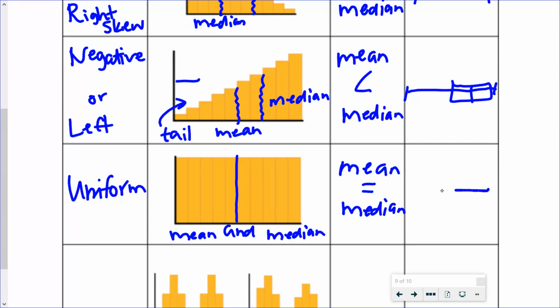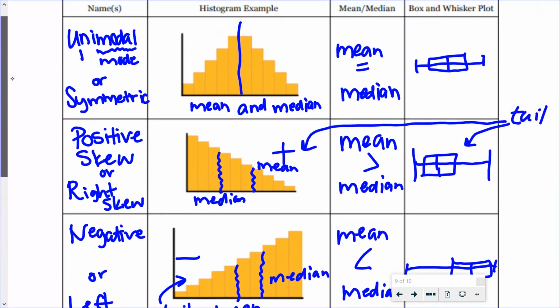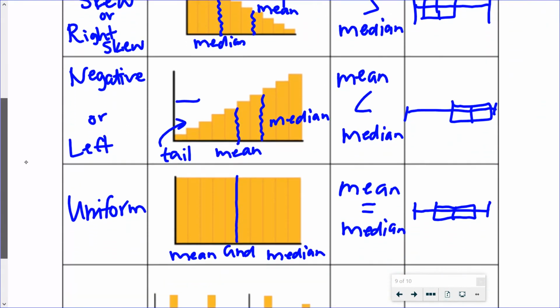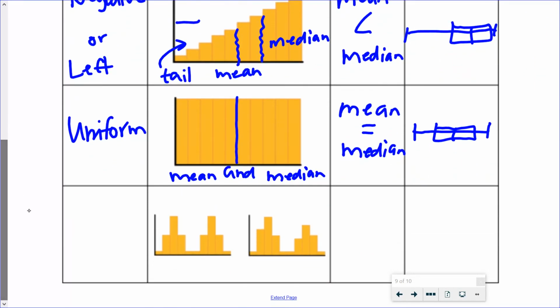And so our box and whisker plot is going to look nice and symmetrical there. Just like it did with our symmetric histogram. So if I scroll up, our symmetric histogram goes up and then down. Uniform stays all the same height, but it has those similar qualities of the mean and the median being the same.